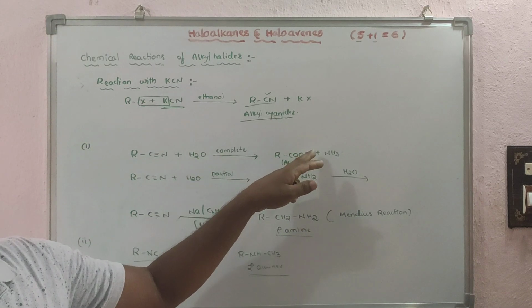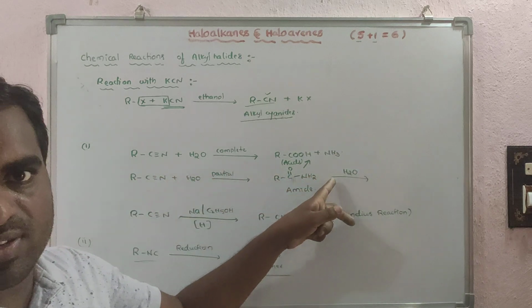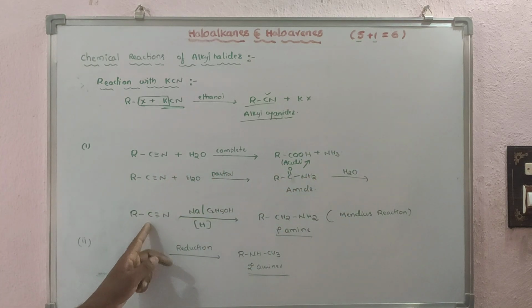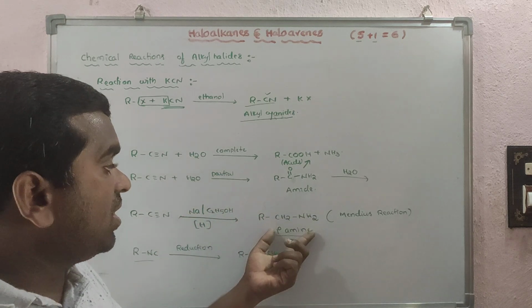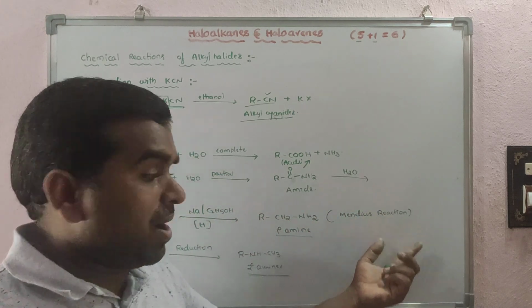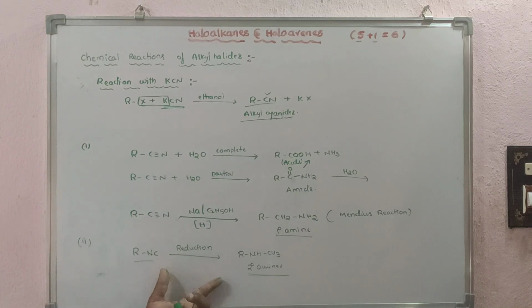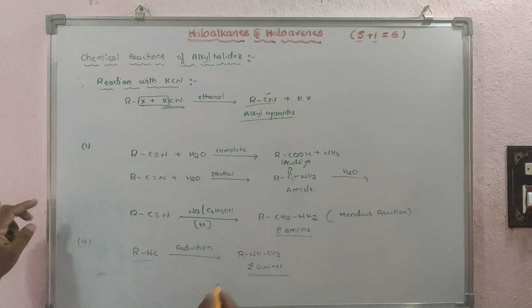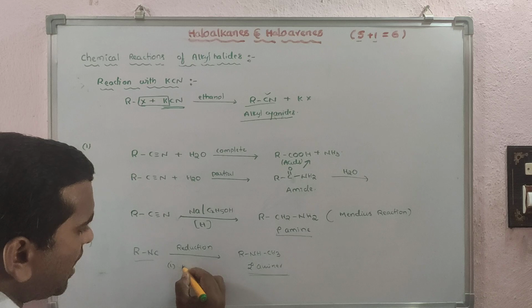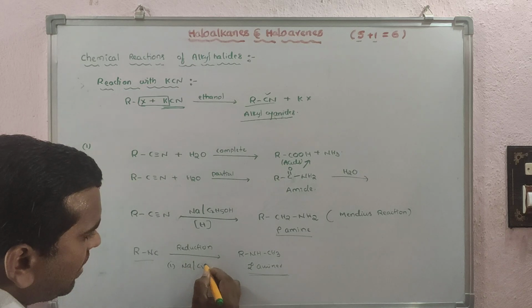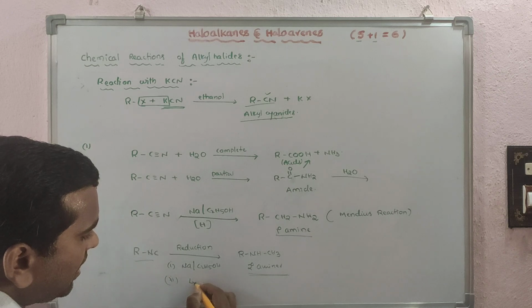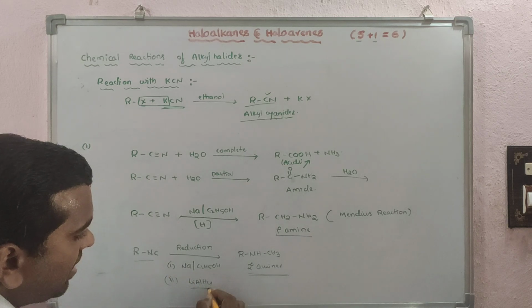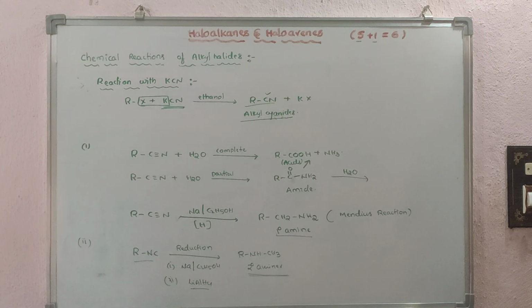Cyanide complete hydrolysis gives acid, partial hydrolysis gives amide, and reduction specifically with sodium and ethanol gives primary amines, called Mendius, and isocyanide reduction gives secondary amines. Many reducing agents you can use here: sodium and ethanol, or lithium aluminum hydride also. These are all reducing agents.